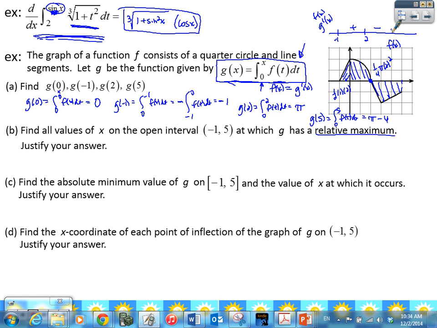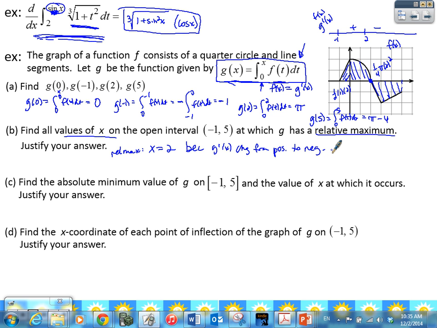So do we have a relative maximum? Yes, at 2. So if it says find all x values, so x equals 2. So relative max, x equals 2, and we have to always justify even if they don't say so, because what? Because g prime of x changes from positive to negative. Not very different, right? We're okay with that.